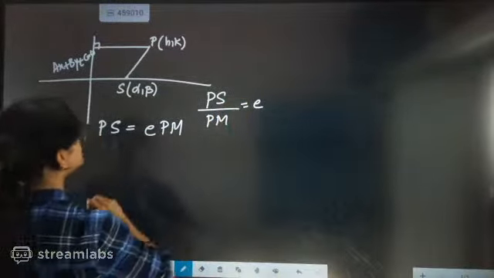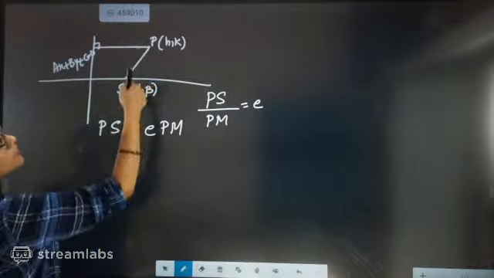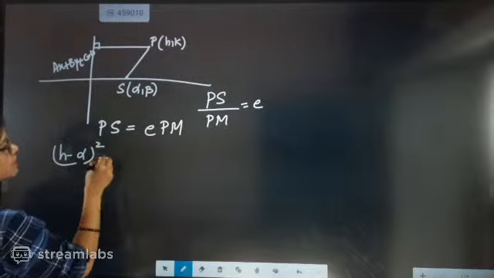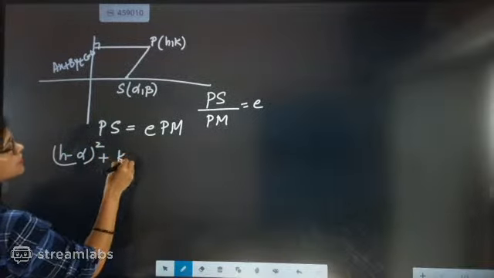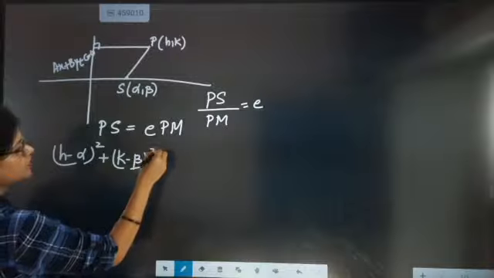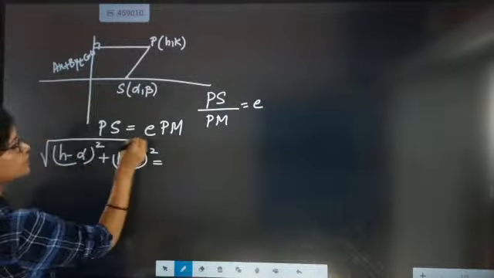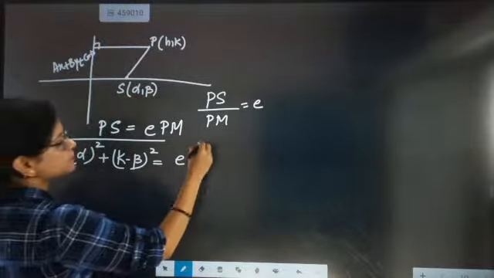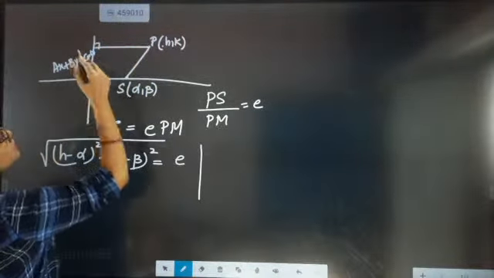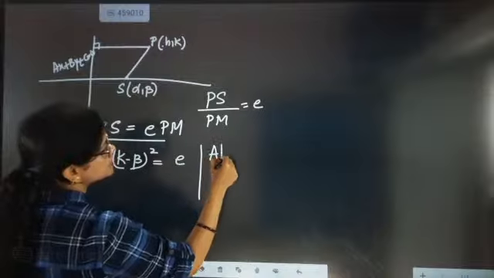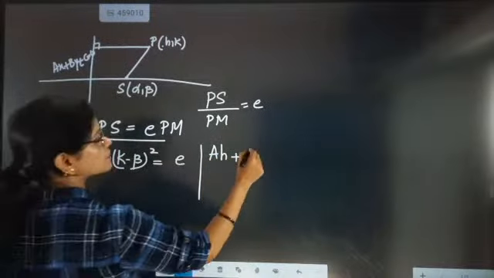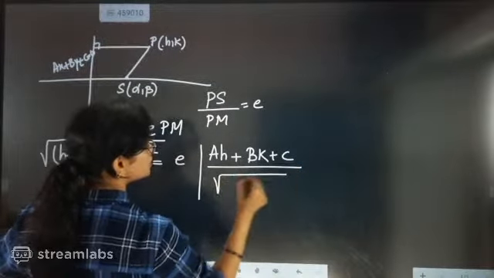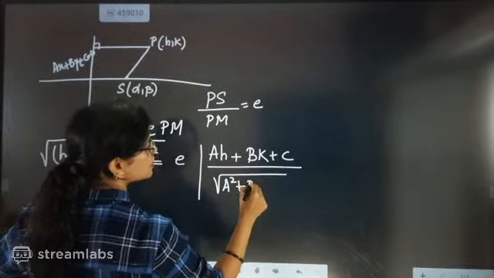So shifting this to this side, now PS is this: h minus alpha whole square plus k minus beta whole square will be equal to E times the distance formula. Now we know this is perpendicular, so to get the perpendicular distance, this point gets substituted. It becomes ah plus bk plus c by root under a square plus b square.